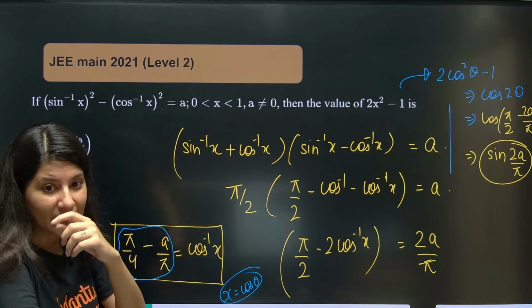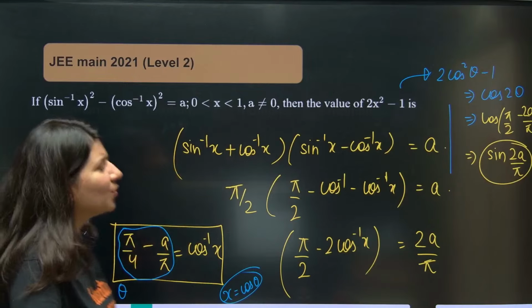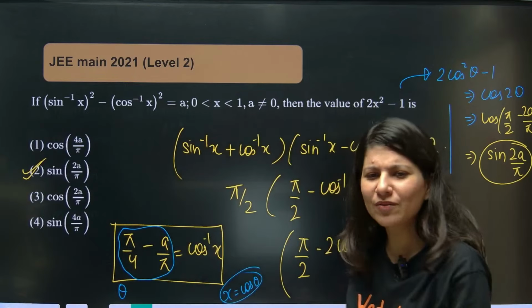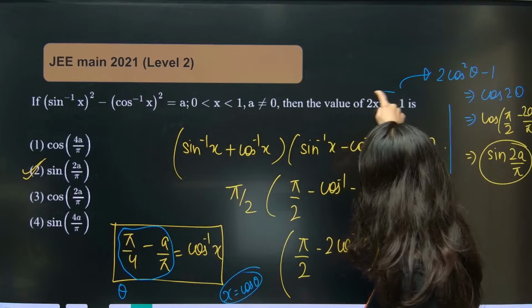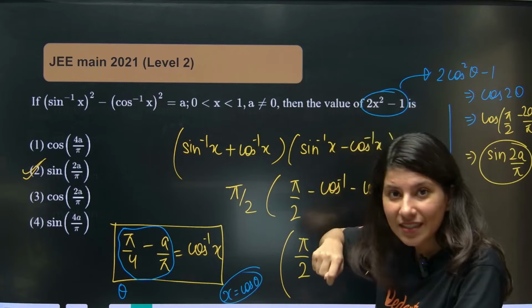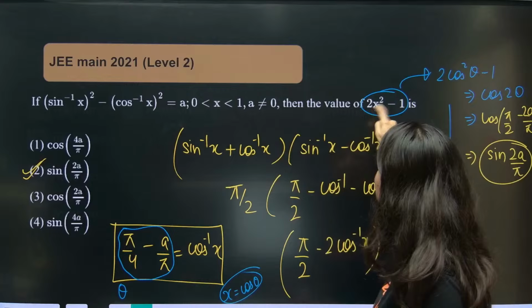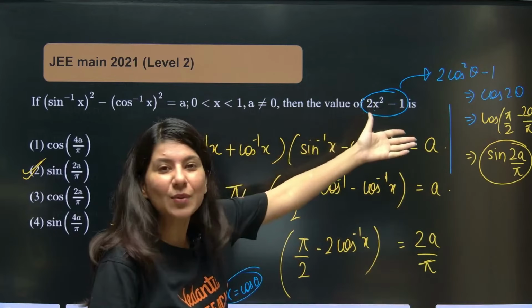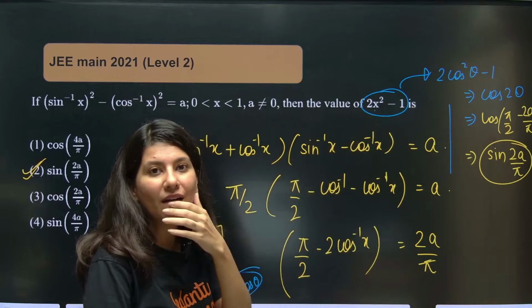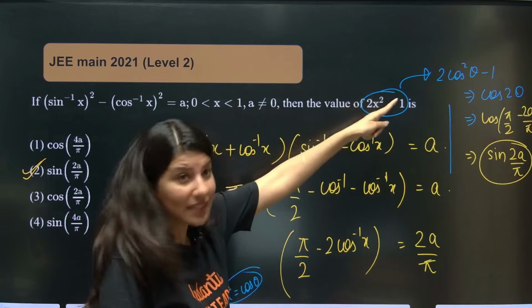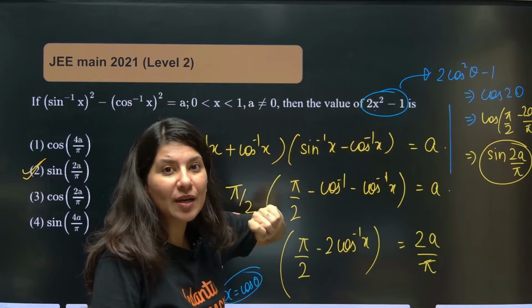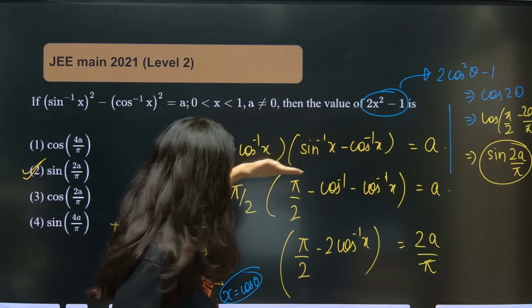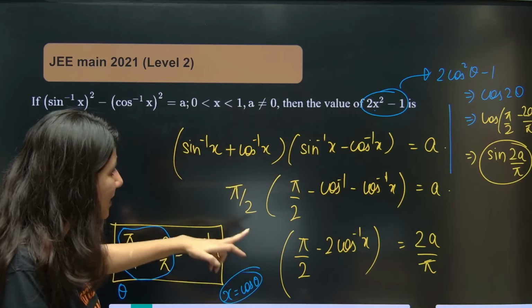This is the hint. Can you see that if x is sine theta, 2 sine square theta minus 1 has no formula. But if x is cos theta, then we have a formula. So that's why I thought, why not calculate cos inverse x.